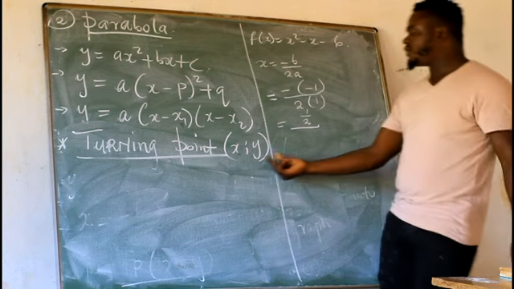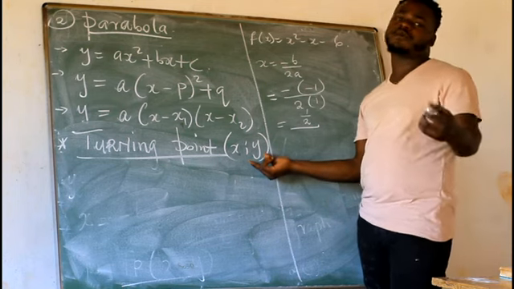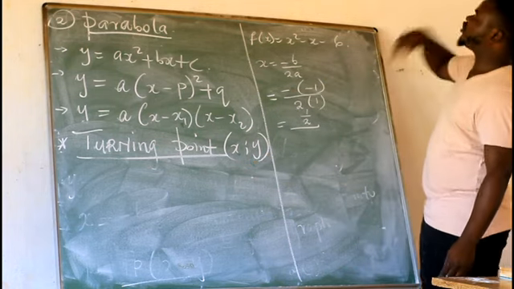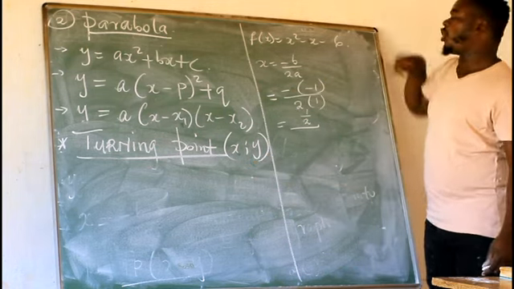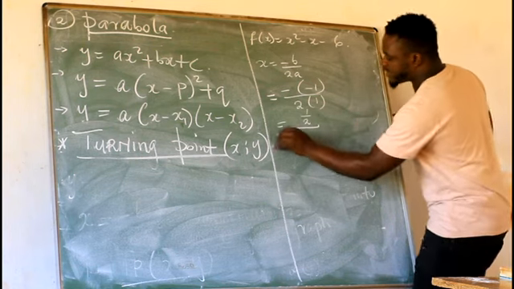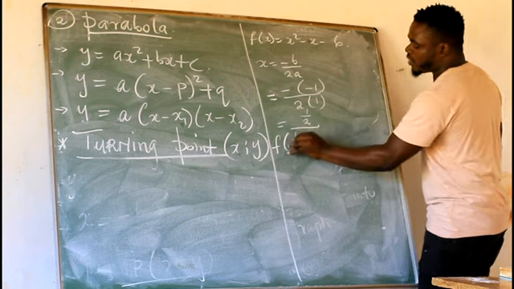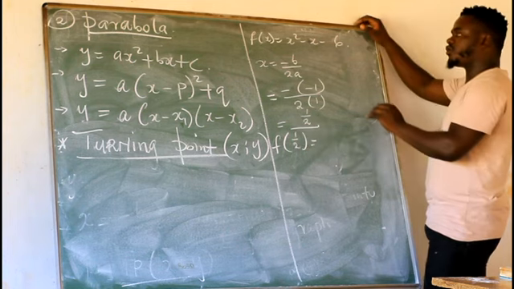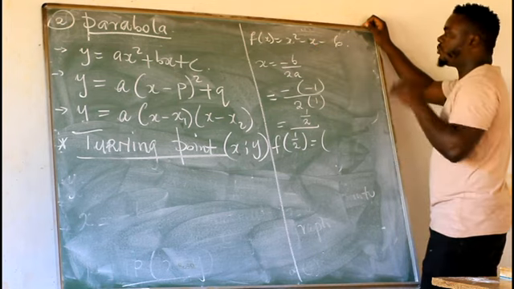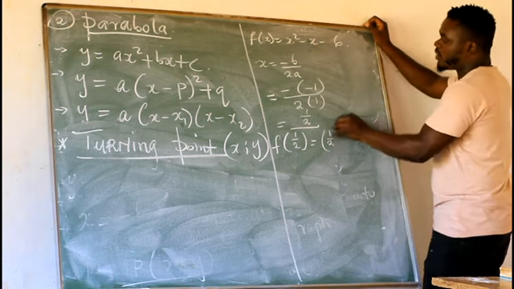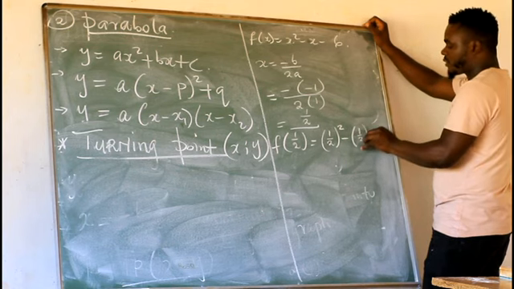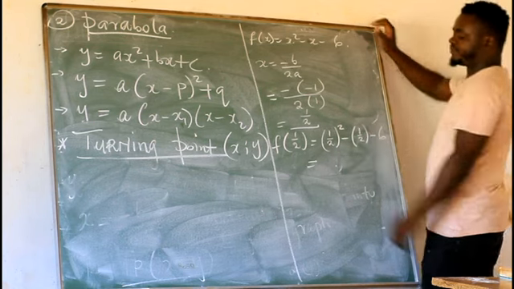Now, you are left to find the y value. How do you find the y value? You substitute the x value into the original graph in order to find the y value. Okay guys, let us substitute. f(1/2) equals, whenever there is x in the original graph, you put 1/2, which is (1/2)² − 1/2 − 6.